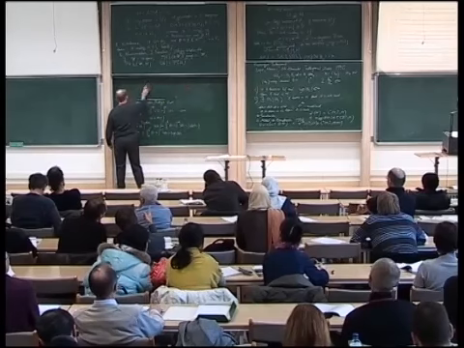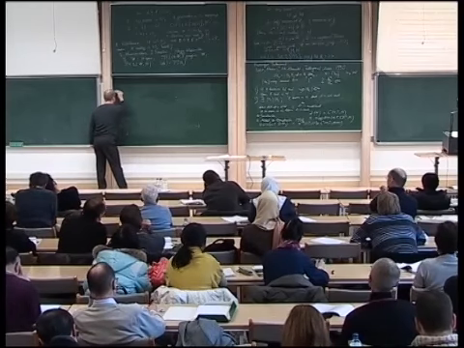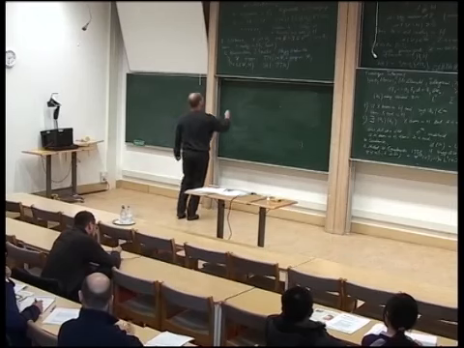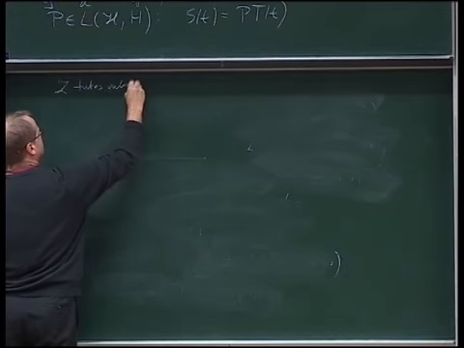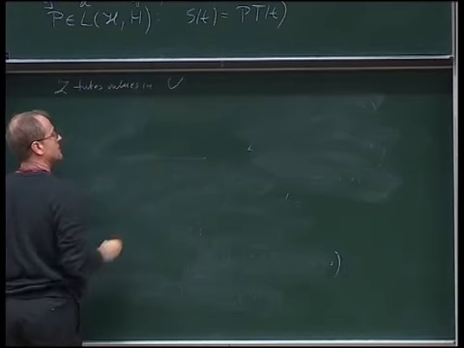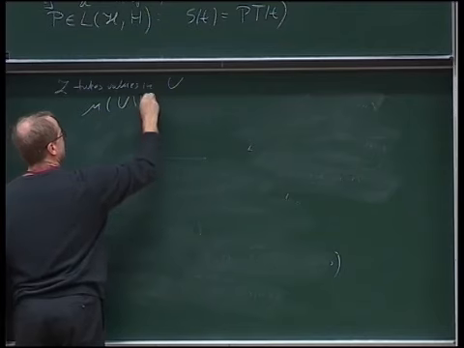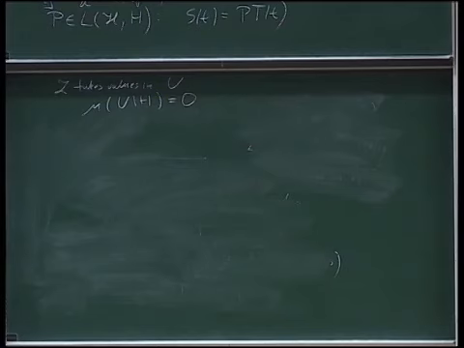Okay, so we are interested in the situation where Z lives in U, but mu of U minus H is 0, right? And the question is, can we find an example of a Lévy process living in a bigger space with jumps only from the smaller?